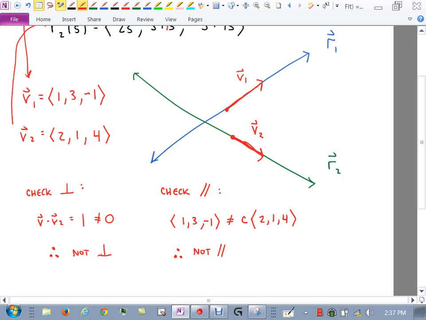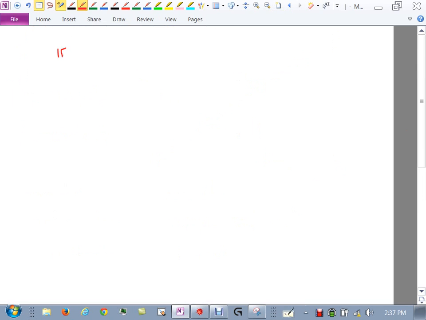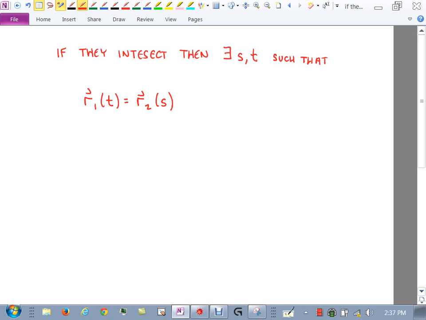So if they intersect, then there exists, a backwards capital E means there exists, an S and a T such that R1 of T equals R2 of S. Does that make sense, what I just wrote?